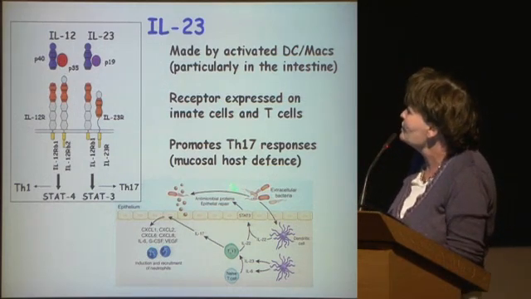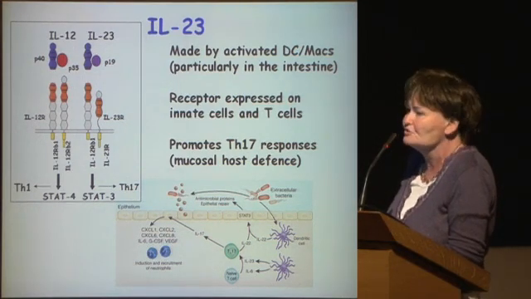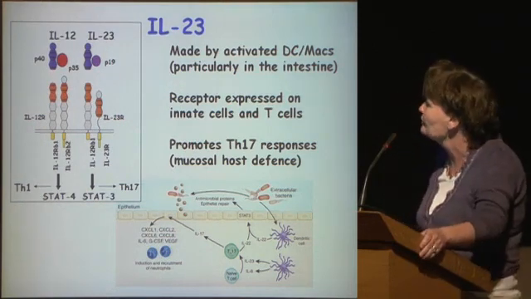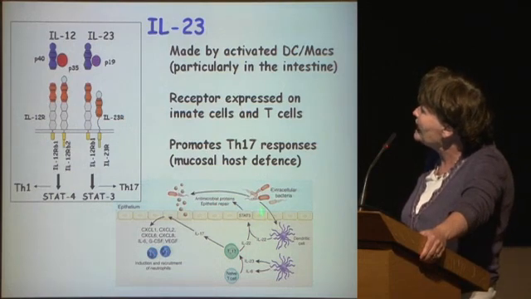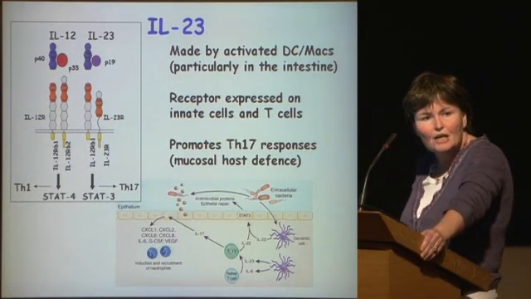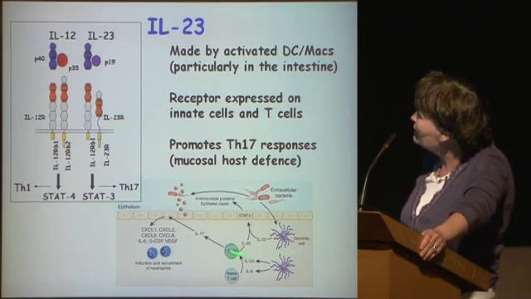And of course, some of the key cytokines that are produced by Th17 cells are particularly tailored to this type of antimicrobial defense. So interleukin-22 will act on non-hematopoietic cells such as epithelial cells through activating STAT3, leading to epithelial cell restitution and the production of antimicrobial peptides.